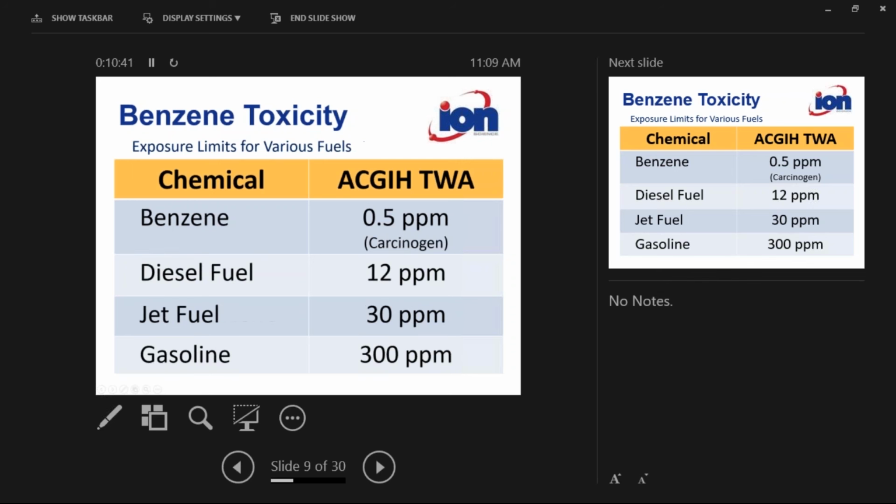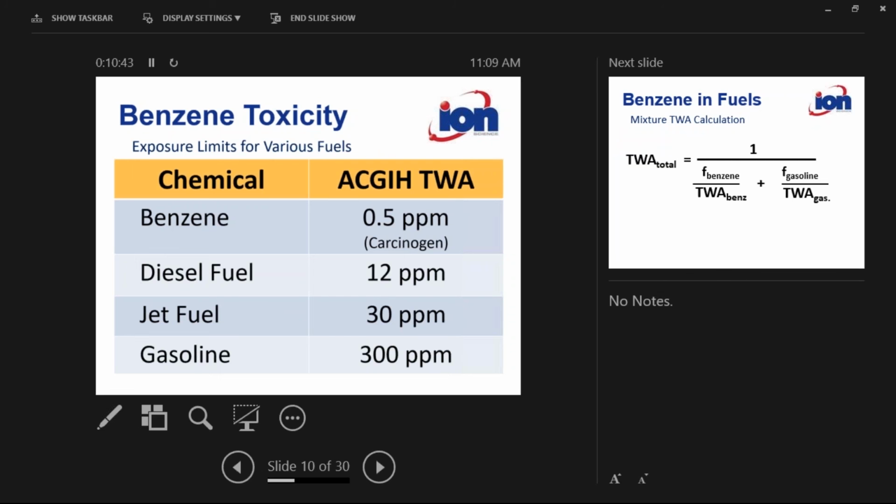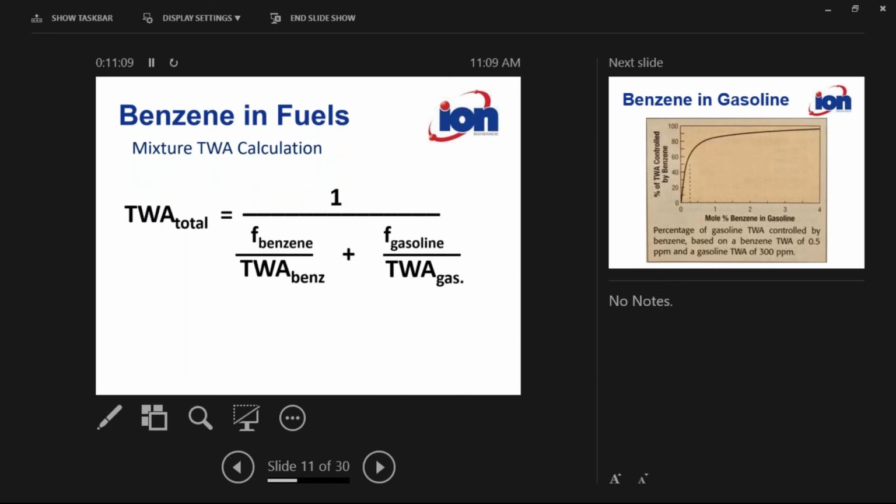If you look at exposure limits for various fuels, for diesel fuel it's 12 ppm, jet fuel it's 30, and gasoline 300. Again, benzene shows up as one of the most toxic components, and we can do a calculation to estimate how much benzene needs to be present in the fuel to control the toxicity, using this simple equation.